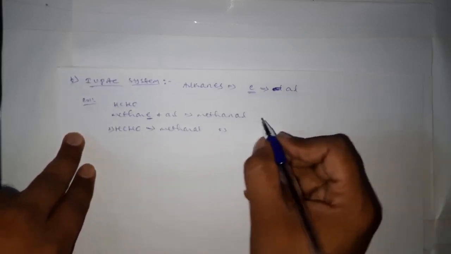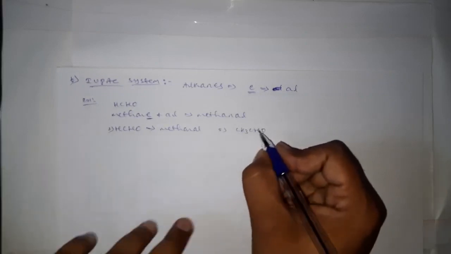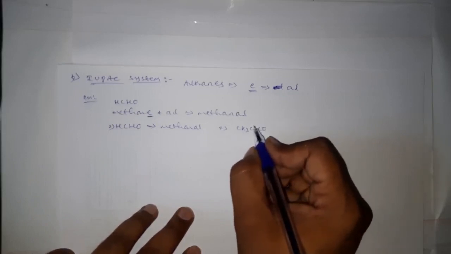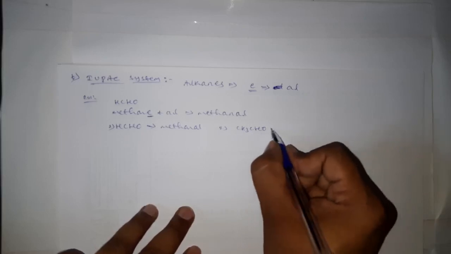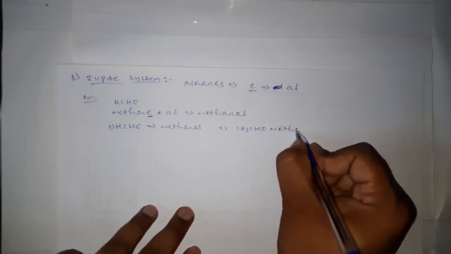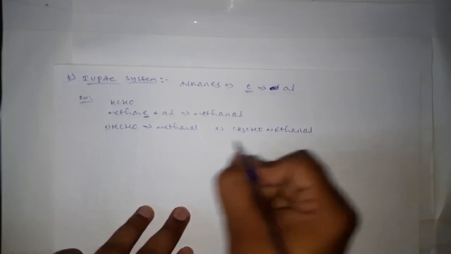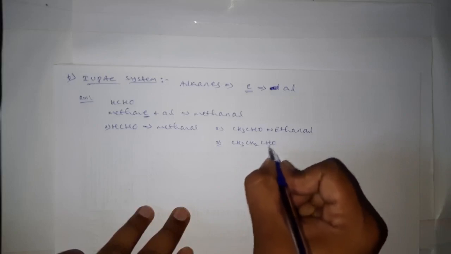Or we can take CH3CHO. Here two carbons are there, therefore it is derived from ethane, and by replacing the E of ethane and adding Al, we will get ethanal. Or we can write CH3CH2CHO.